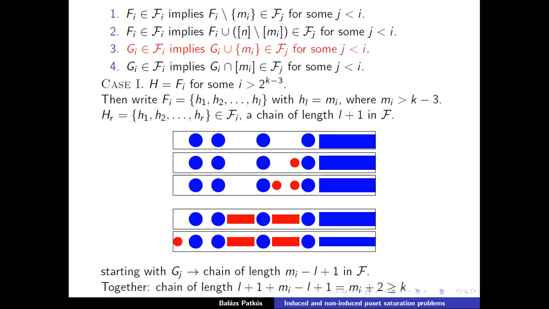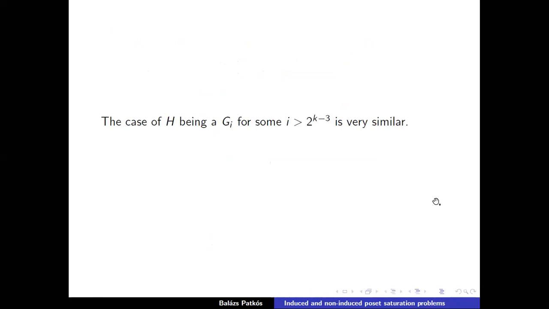And we know that the greedy collects process doesn't create any copy of P, so now we have a contradiction. Well, of course, if you believe me that the other case, when the added set H is not an F but a G, is very similar, so I hope you believe me. Okay, so this is the proof of the non-induced results.